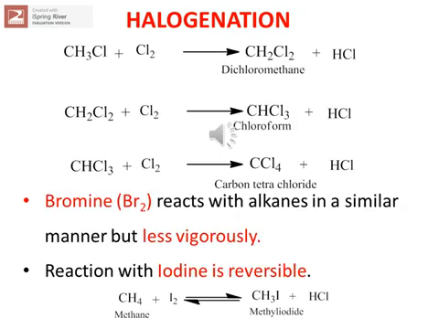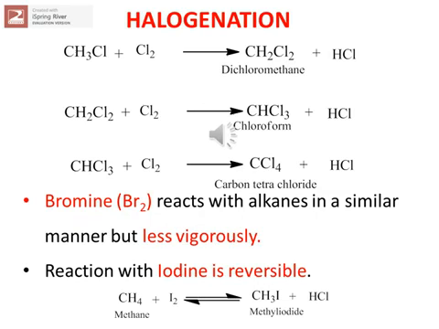When a mixture of methane and chlorine is subjected to UV radiation, first methyl chloride is formed. If one is using an excess amount of chlorine gas and a prolonged duration of UV radiation, then methyl chloride further reacts with chlorine and dichloromethane and hydrochloric acid are produced.